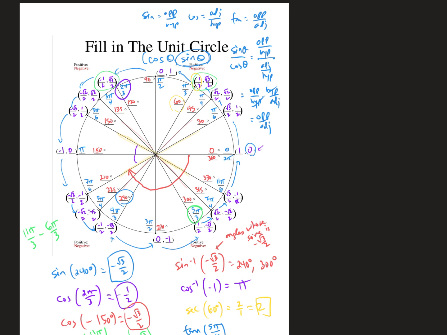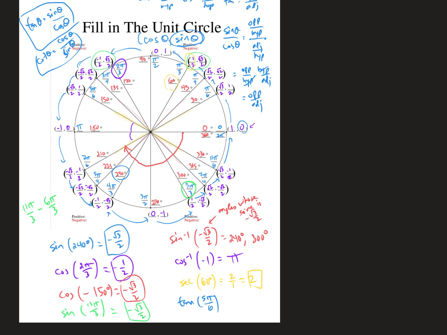So if I want to find tangent on stuff from the unit circle, tangent of an angle is sine of that angle divided by the cosine of that angle. Likewise, cotangent would be the flip of that, cosine of that angle divided by the sine of that angle.